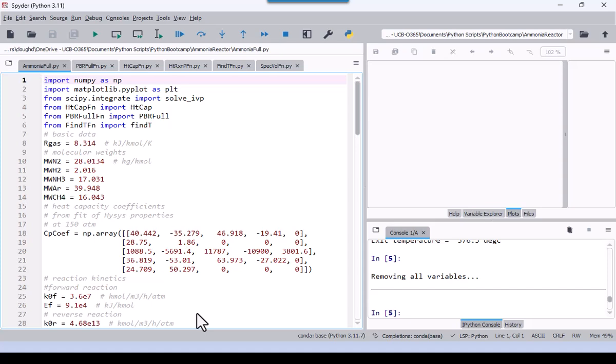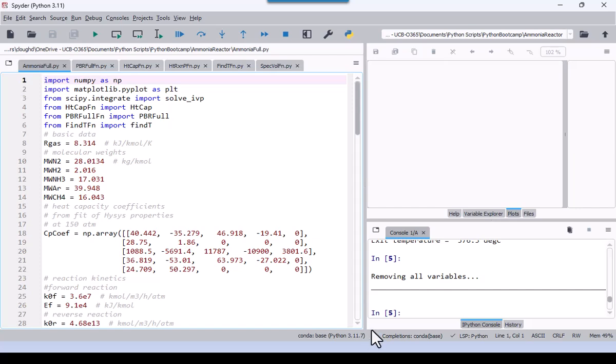And here it looks very similar at the front end to what we had before. In fact, it's identical. But now our routine that computes the derivatives is called PBR full. And we have another routine here called find T, which is the one that solves the enthalpy balance for temperature.